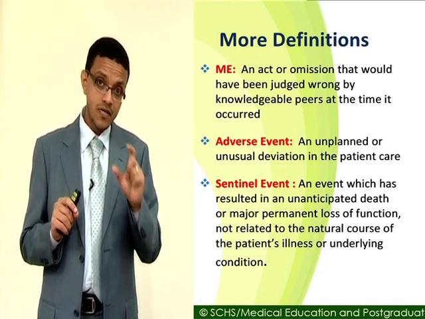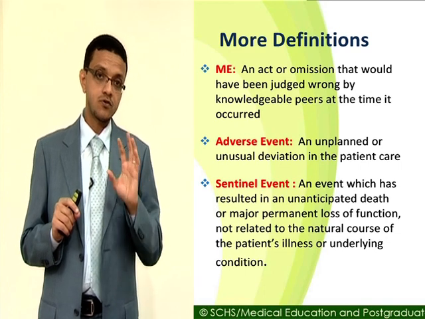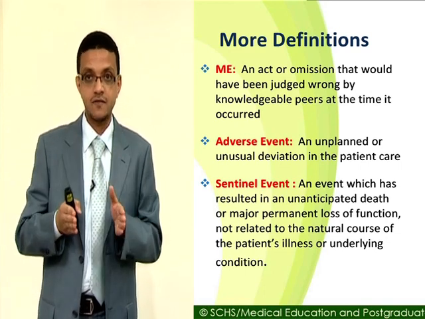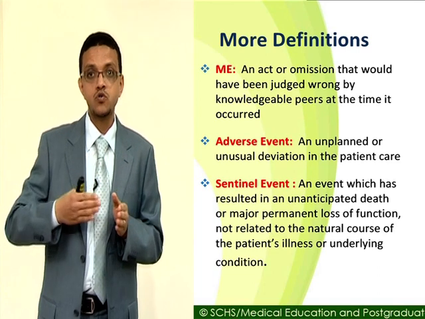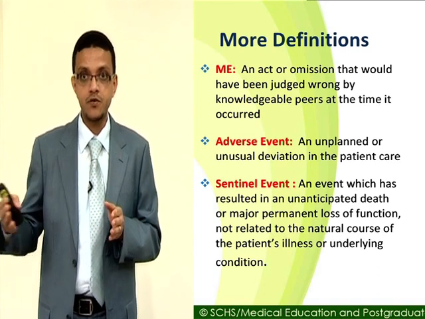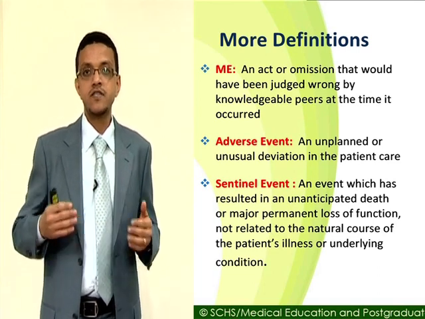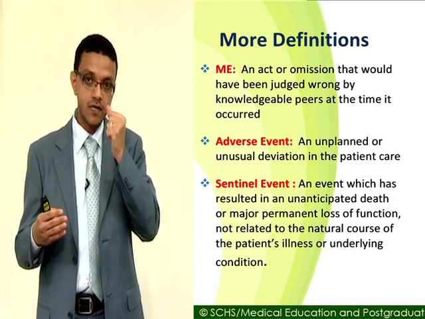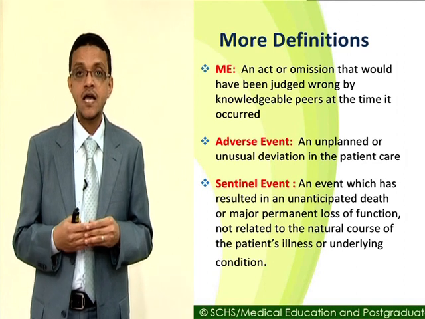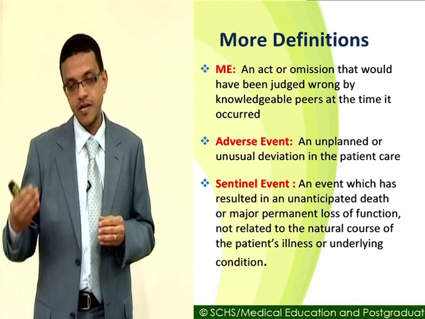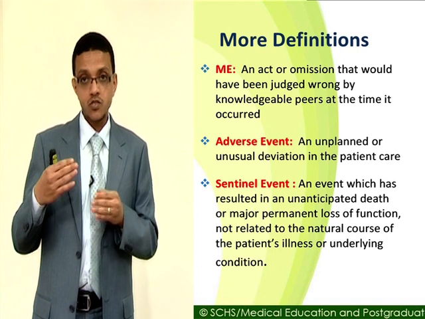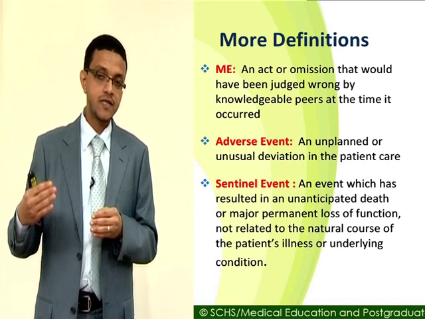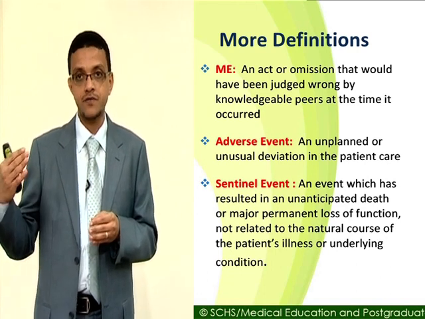natural course, because sometimes some diseases, some conditions by themselves can lead to death or can lead to severe impairment. Like for instance, if someone has renal failure, chronic renal failure, or even acute renal failure, and the management did not work well, but it's well known that renal failure could lead to permanent loss of renal function.